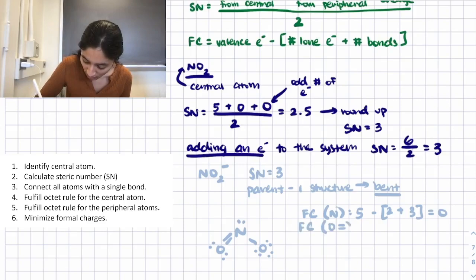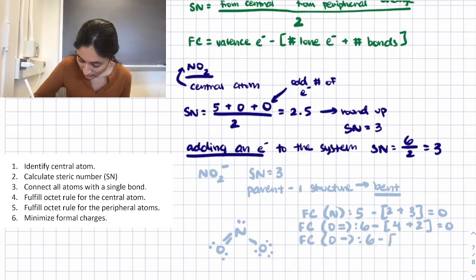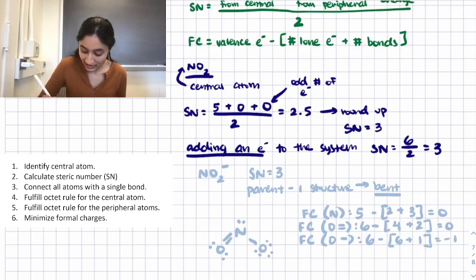For the oxygen with the double bond, you start with 6. You have 4 lone electrons and 2 bonds, so you're going to get a formal charge of 0. And then for the oxygen with only 1 bond, you start off with 6. You have 6 lone electrons and 1 bond. So this is going to have a -1 formal charge.